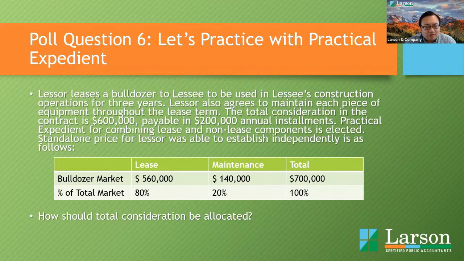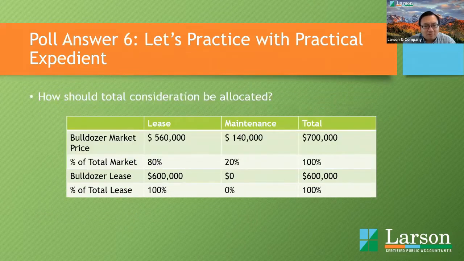So in this situation, because the lease is predominant here, which is 80%, you could elect to say, hey, all construction equipment for this asset class, I'm going to be accounting for all the $600,000 as my lease expense.